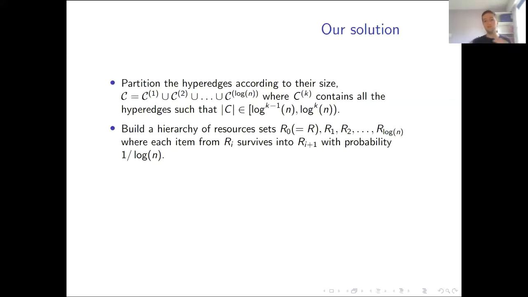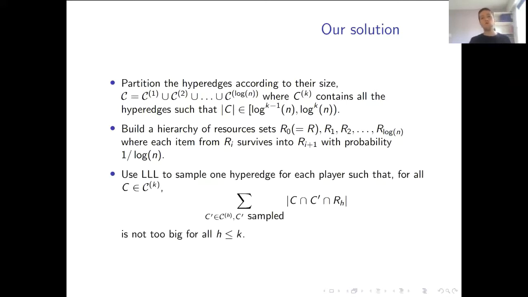So we have a nested sequence of resource sets, and each resource set corresponds in a way to one group of hyperedges. For each group of hyperedges, there is a convenient granularity such that these hyperedges have size roughly polylog n on this resource set.